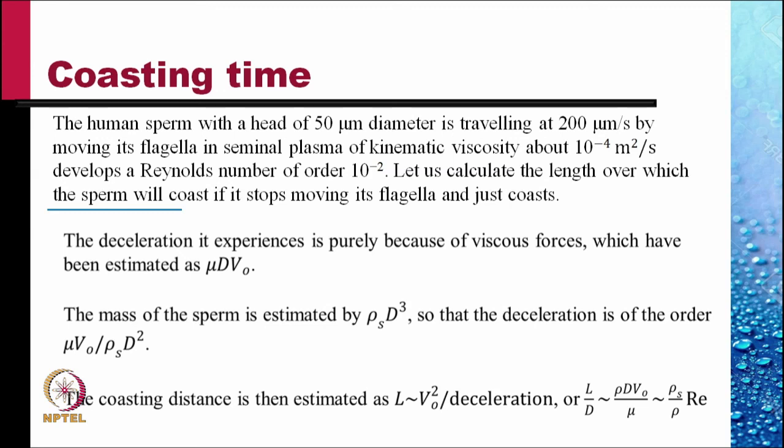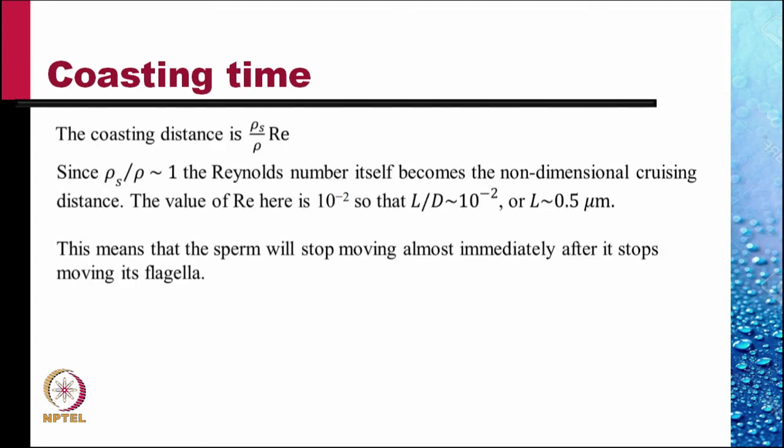And the coasting distance is then estimated as v naught square divided by deceleration, or L by d, which is like rho d v naught by mu, which is like rho solid divided by rho of fluid times the Reynolds number. Since rho s by rho is like 1, the Reynolds number itself becomes the non-dimensional coasting distance.